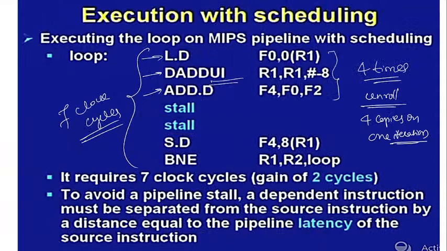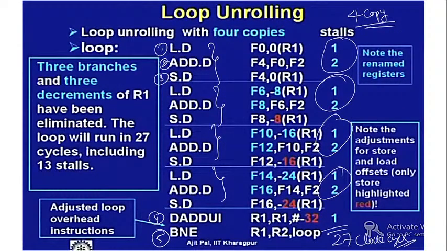Then the compiler, what it does, it will unroll, which means it creates copies. Okay, 4 copies in one iteration. It is not only 4 copies, it depends, it is just mentioned for your example purpose, like loop unrolling with 4 copies; loop unrolling with 8 copies also can be done.